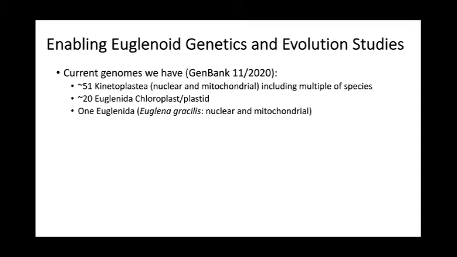There seem to be around 20 euglenoid chloroplast or plastid genomes available, probably a few more, but that's what shows up in GenBank. And only one euglenid right now, Euglena gracilis, the one from the paper with Ebenezer et al. And there are the nuclear and some mitochondrial genomes. I know there's been more work done on that, but these are the ones deposited and available for everybody to look at.